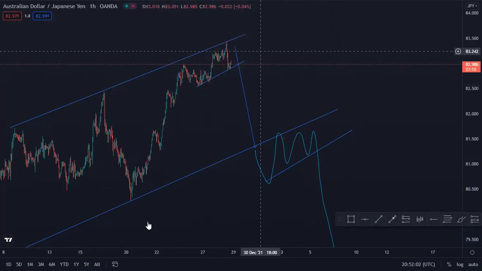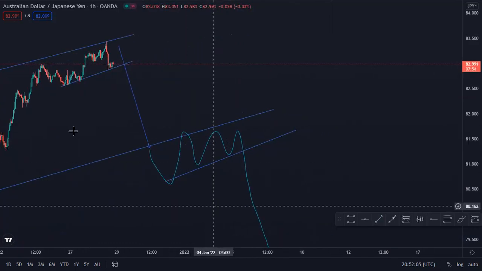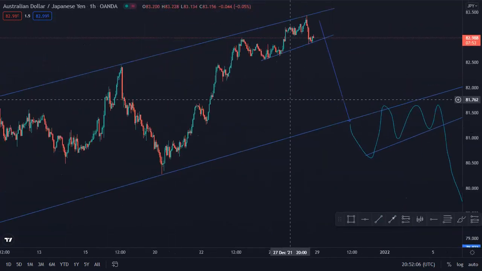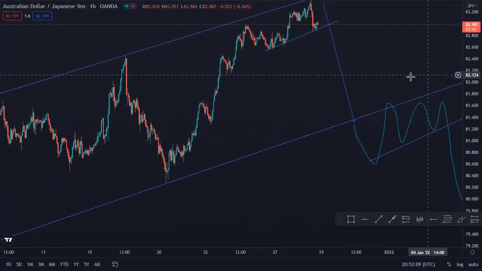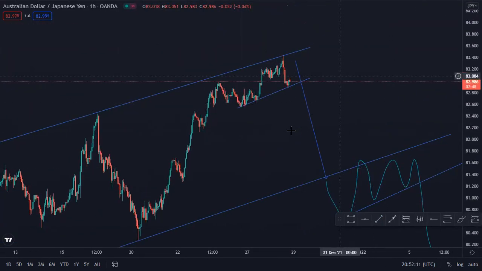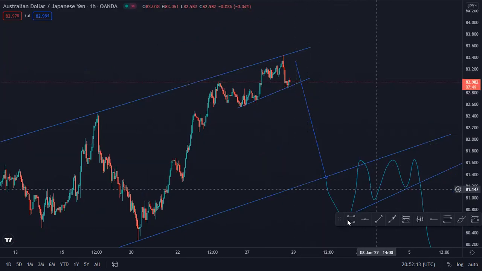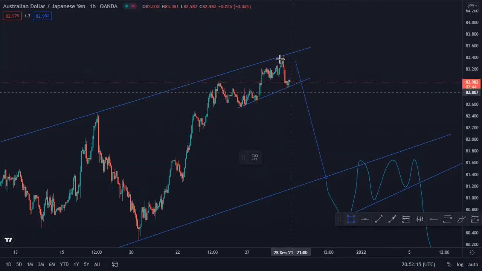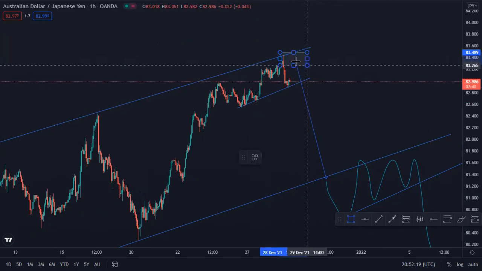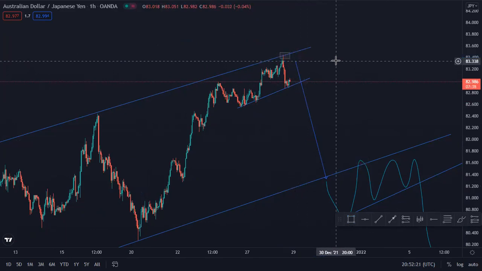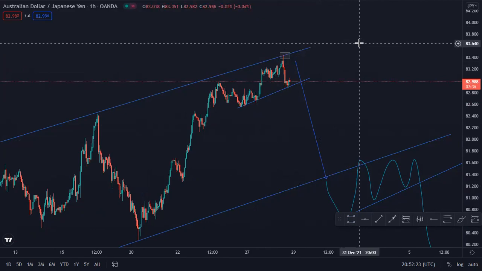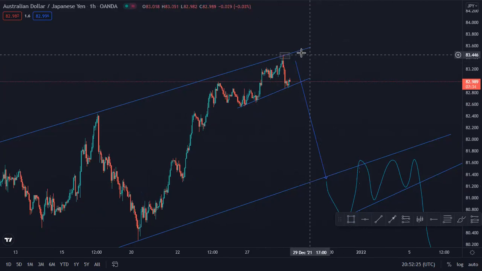Most traders just enter at the level right here, immediately after a rejection. Of course, it depends on how experienced you are. Also, that's a good confirmation.